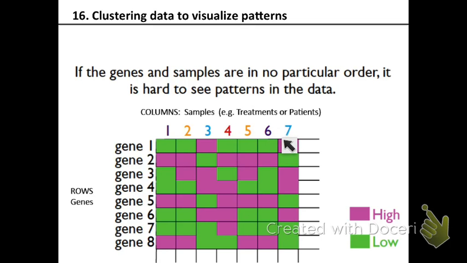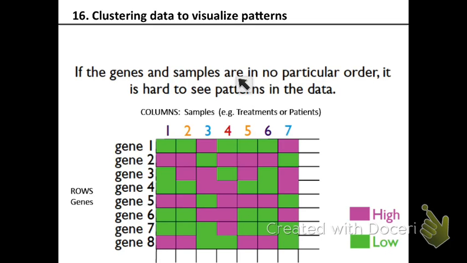A few of these people were patients, whatever their condition was, and a few of them were normal. So essentially what you want to know is which genes are expressed more in the patients versus which genes are expressed in the normal. That's the kind of pattern you want to see.